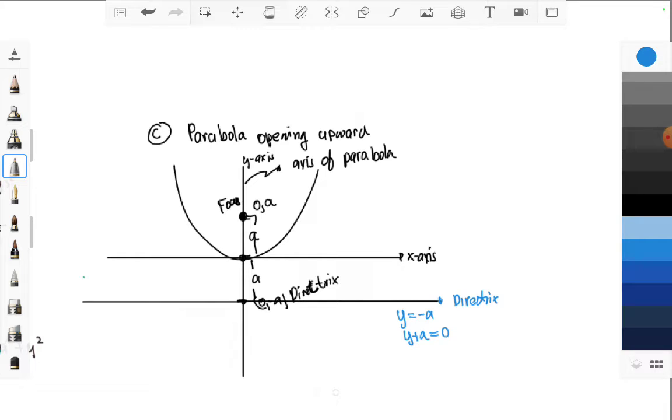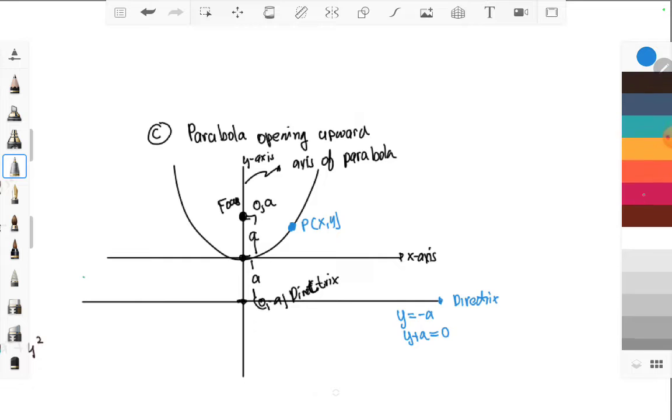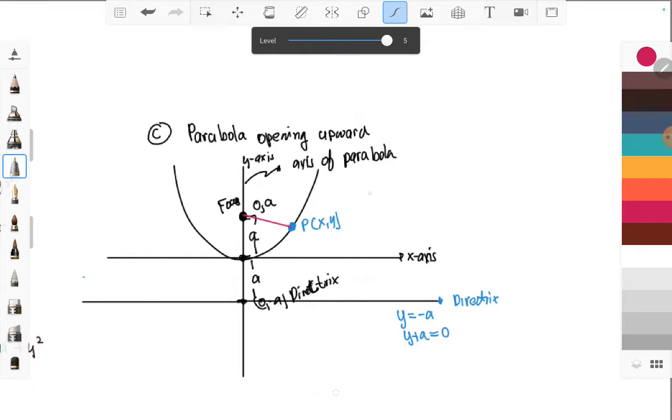Now the next thing to do is of course to find any point within our parabola. Let this be my point x, y. So therefore we will create our line FP, and our line PD.